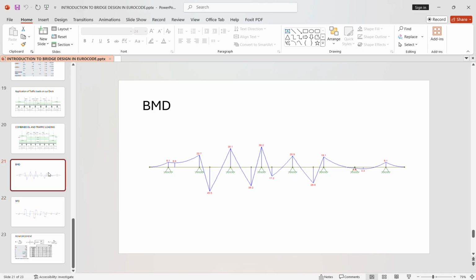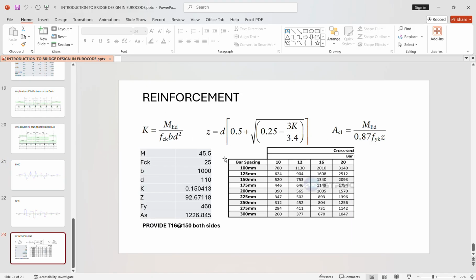And from this diagram, you can calculate the reinforcement. So we have the moment, you can calculate K, and then we provide T16 at 150 both sides.